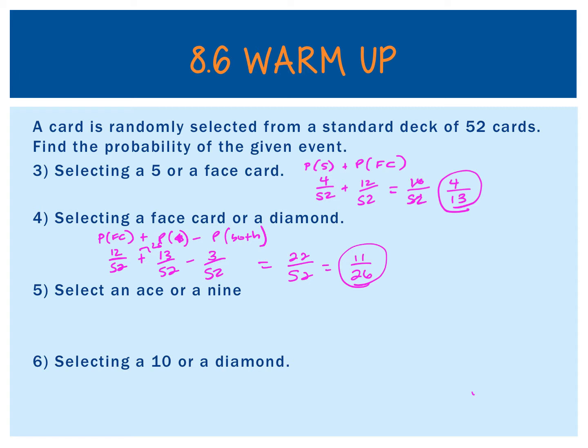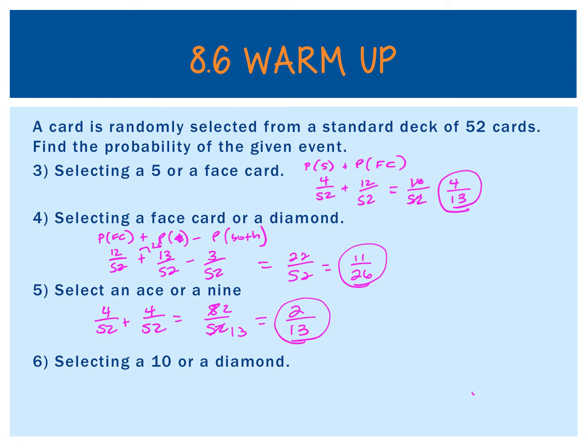Number 5 says select an ace or a 9. Can it be both an ace and a 9? No. So there are how many aces? 4. And there are how many 9s? 4. And again, we can either add and then reduce. So 4 goes into this and into this. Or I could have reduced to 1/13 and 1/13 and then added.